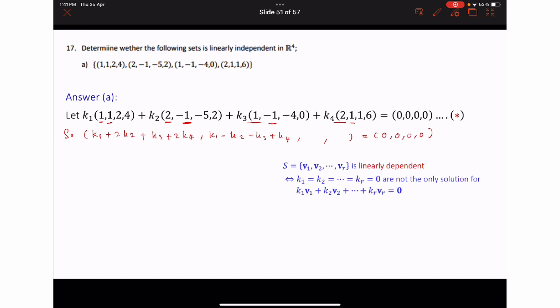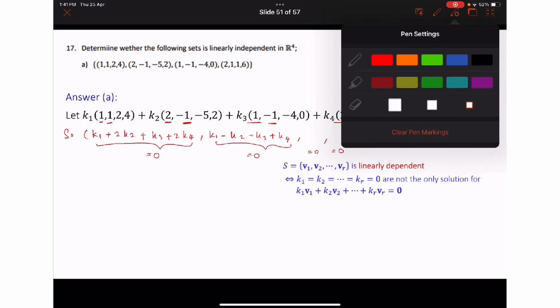Okay, and then we compare the left hand side to the right hand side, component by component, and we find that the first component is equal to 0. The same goes for the second component, which is also equal to 0, and the third and fourth are also equal to 0.